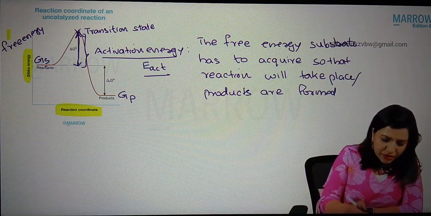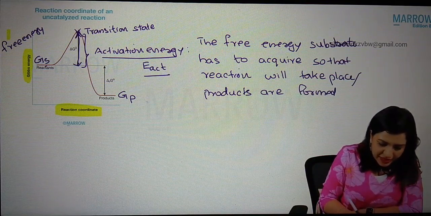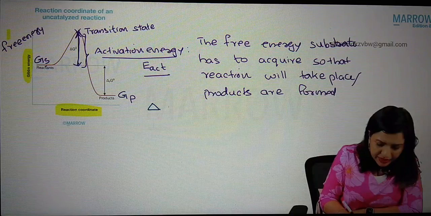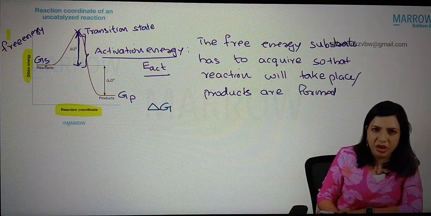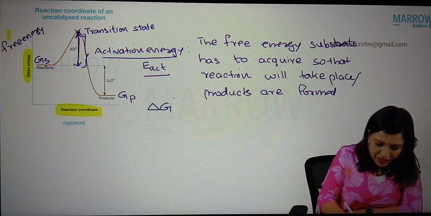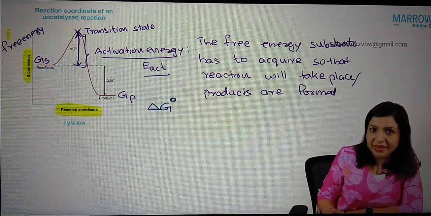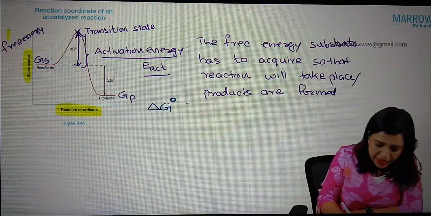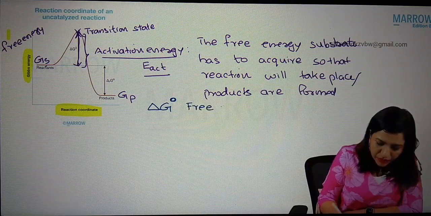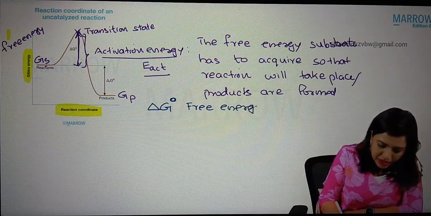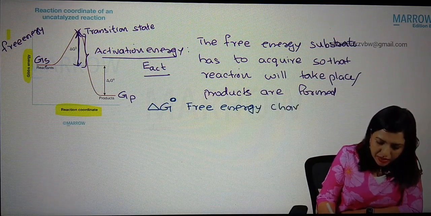Now, the next thing we should understand is that there is another term called delta G, or under standard conditions, delta G0. Delta G0 is called the free energy change.